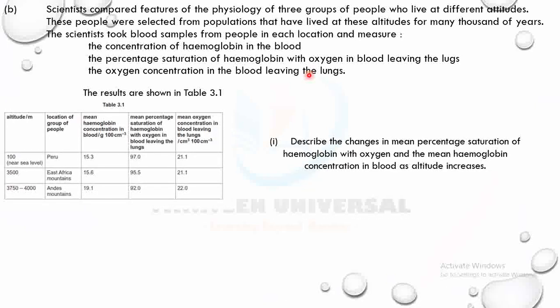Okay, let's look at what they want. What do they want us to do? Describe the changes in mean percentage saturation of hemoglobin with oxygen and the mean hemoglobin concentration in blood as altitude increases. So pause the video and try it.